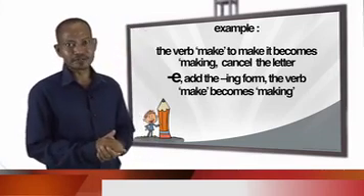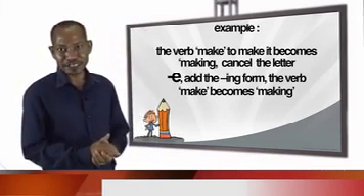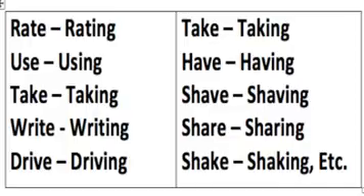Please refer to some more of these verbs in the table. Rate, rating, use, using, take, taking, write, writing, drive, driving, have, having, save, saving, share, sharing, shake, shaking, etc.